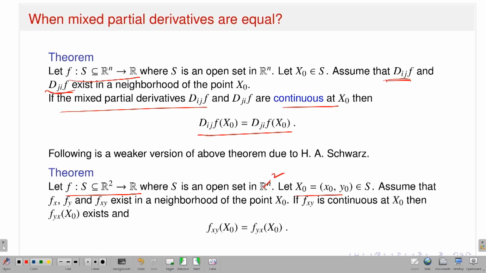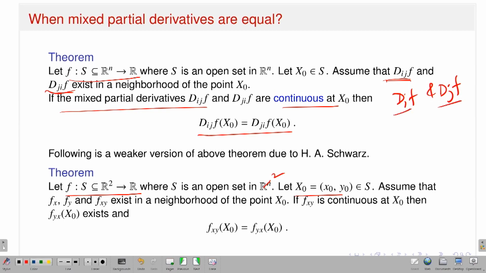And suppose you see, in my last theorem it says that second order mixed derivatives should exist. That means of course first order derivatives should exist, that means dif and djf, the partial derivatives of f with respect to xi variable and xj variable. Then only I can talk about the partial derivatives of f with respect to xi xj and xj xi, right? So this is automatically there.